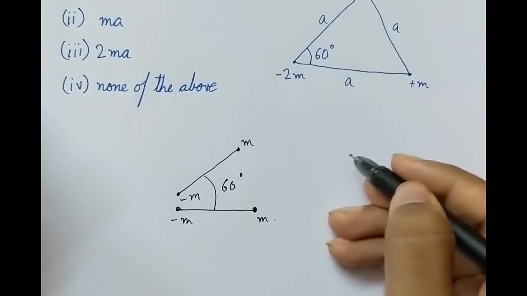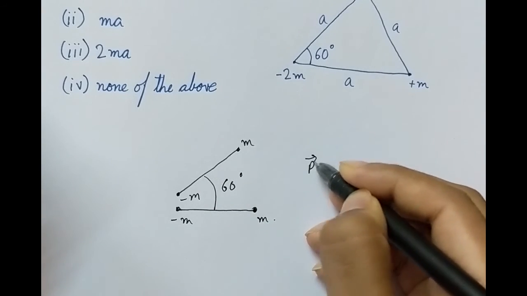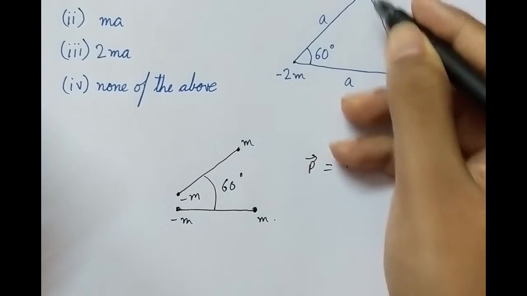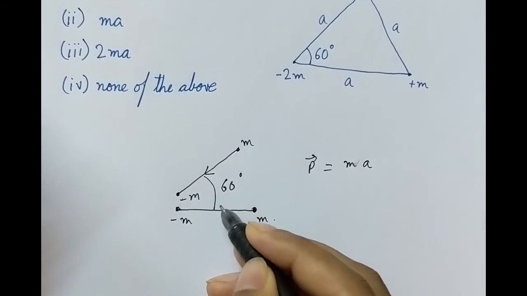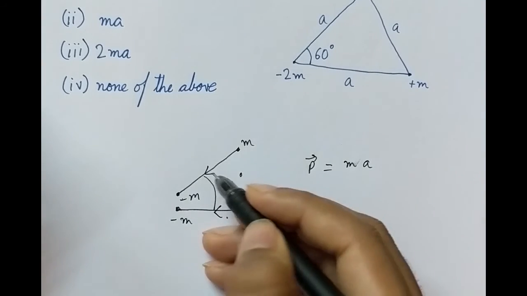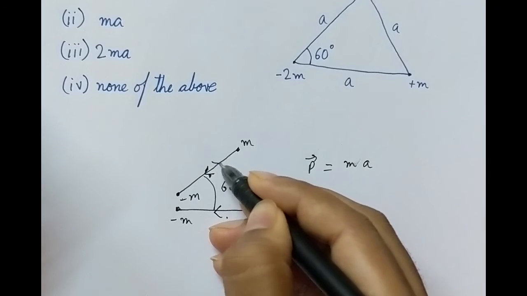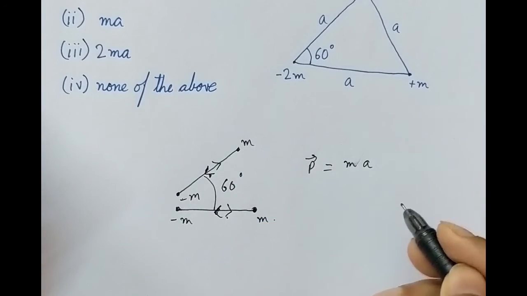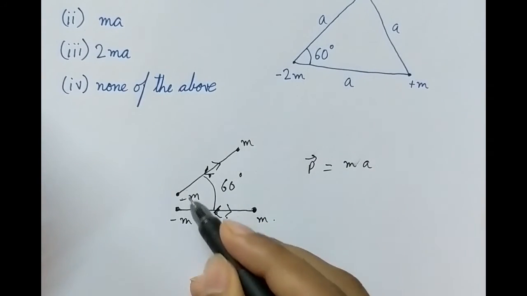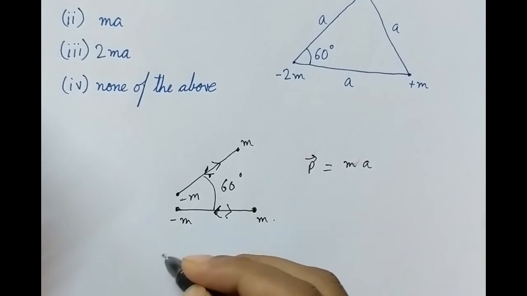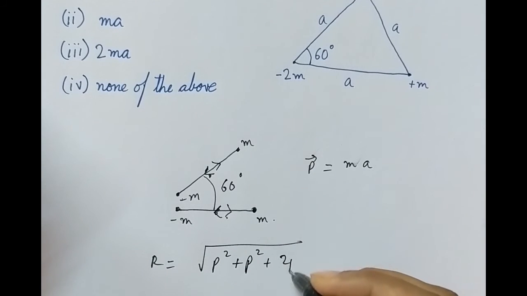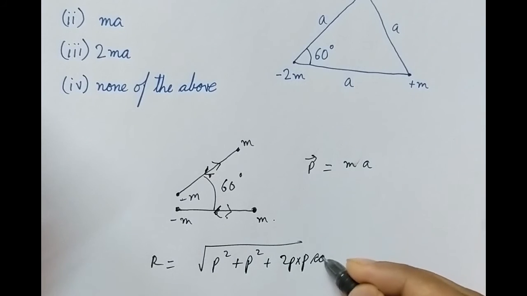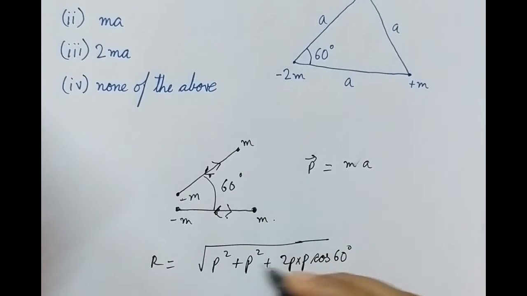The magnetic moment of each of the dipoles, let's represent that with P, is given by m into a. For each of them, they both point in this direction, from the negative to the positive direction. So we can find the resultant easily if we know the angle between the two vectors. We know that the resultant is equal to root over of p square plus p square plus 2p into p cos of 60 degrees, since both magnitudes are the same.